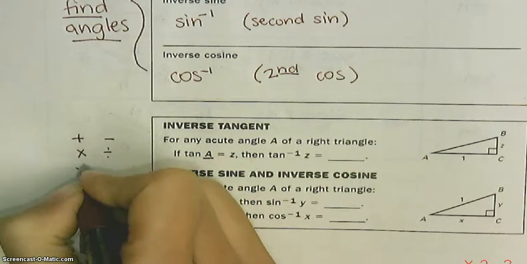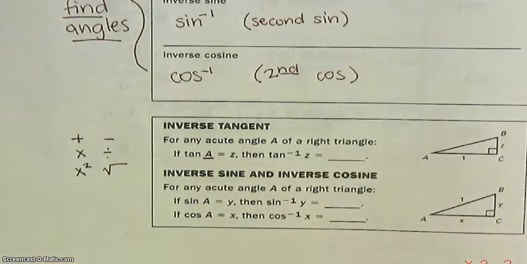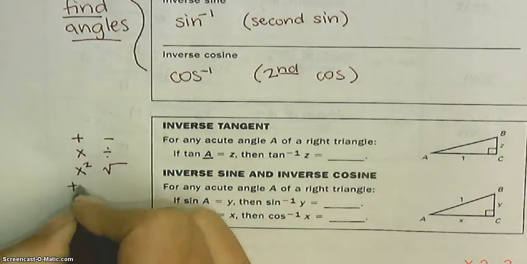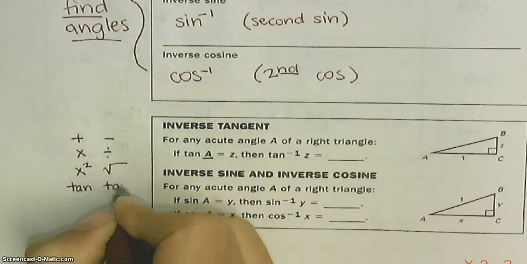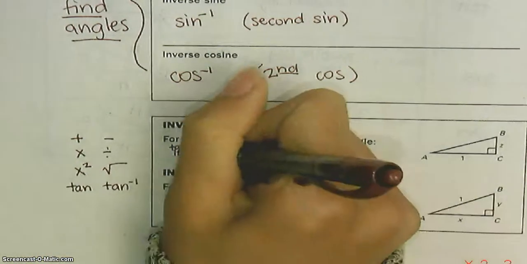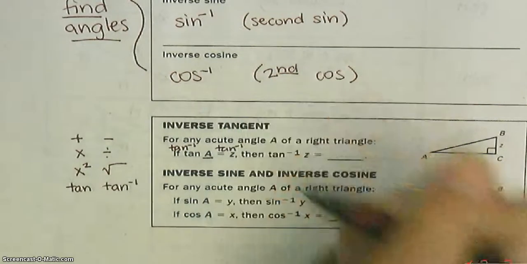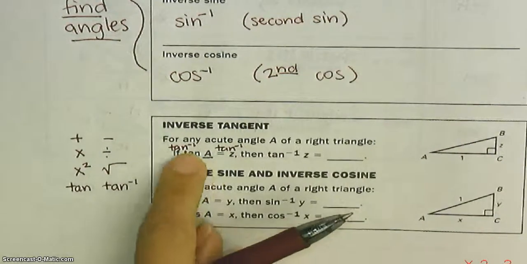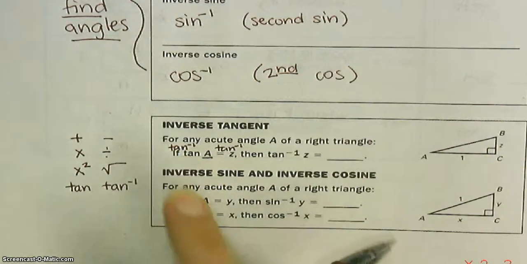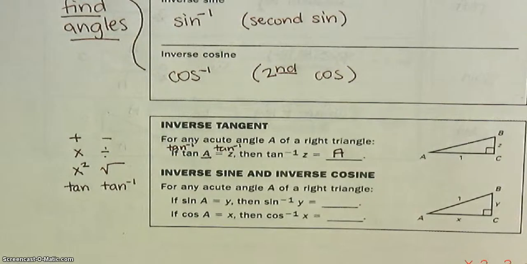If you want to undo a square, you take the square root. To undo tangent, you have to inverse tangent. So I'm going to take the inverse of this side and the inverse of that side. So tangent and tan inverse are going to cancel, and you're just going to be left with angle A.